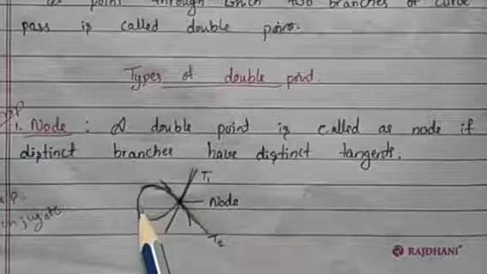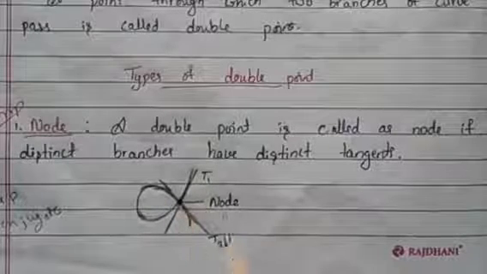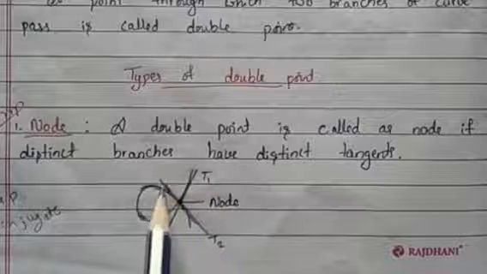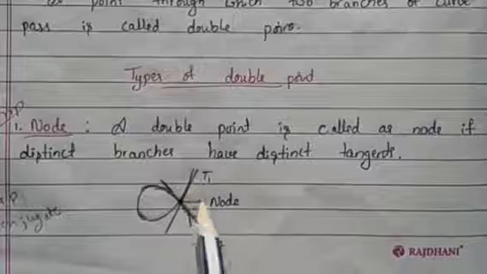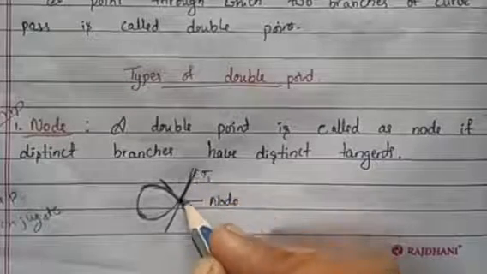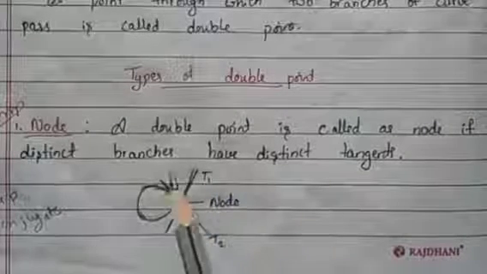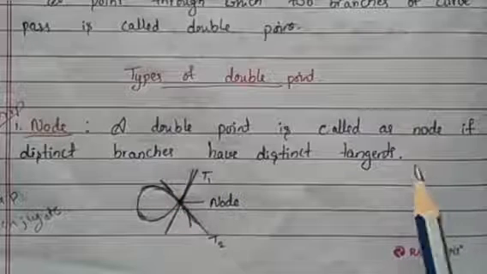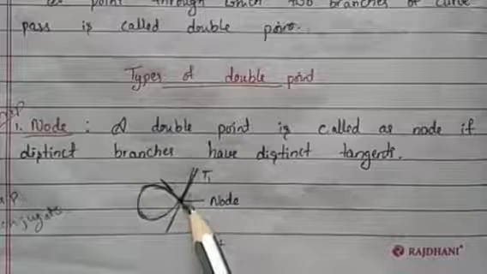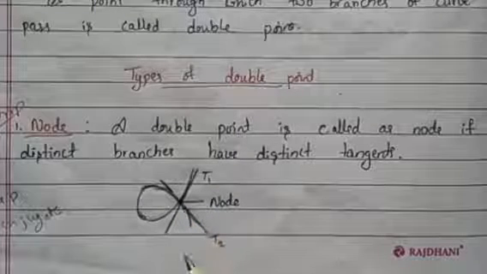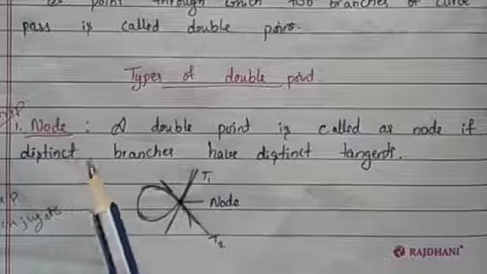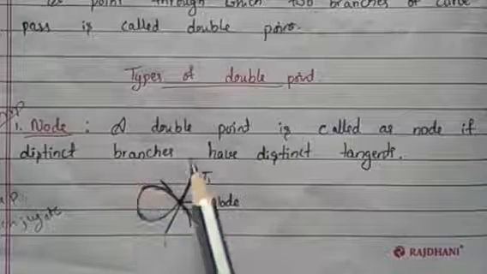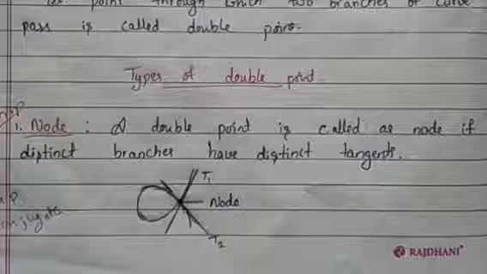Look here, this one is one branch and this one is another branch. The two branches have two tangents. This one is the tangent T2 and this one is the tangent T1. Distinct branches have distinct tangents, so we say this point is a node. Got it? What is a node? A node means a double point where distinct branches have distinct tangents.